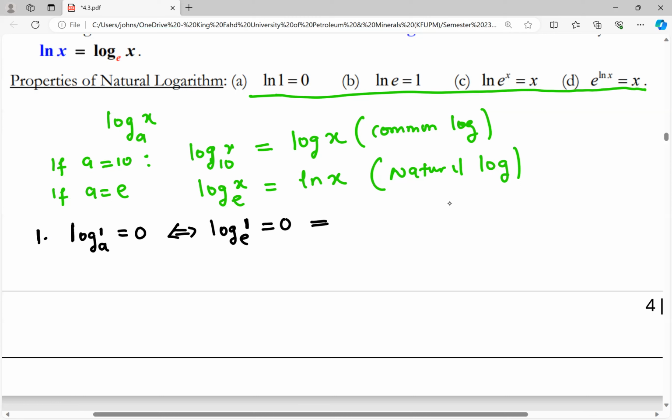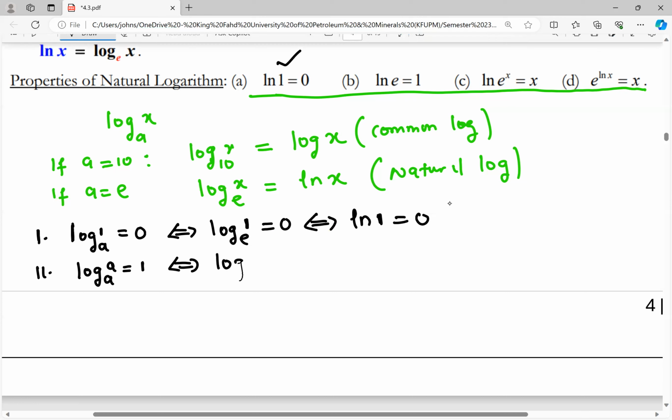Now, log to base e is nothing but the natural log, which is ln. So it means that ln 1 is equal to 0. That is why we have this property for natural log. In the same manner, we saw that log to base a of a equals 1.